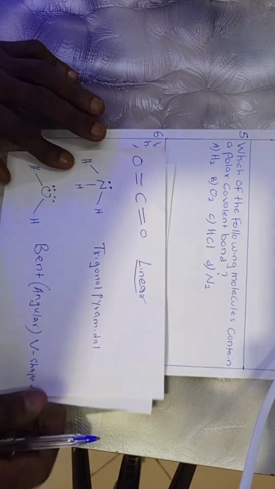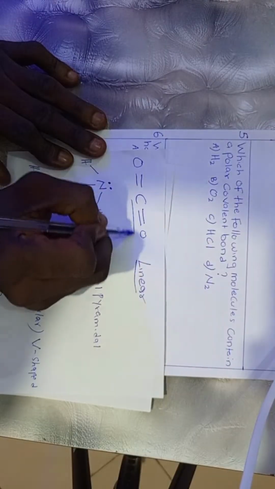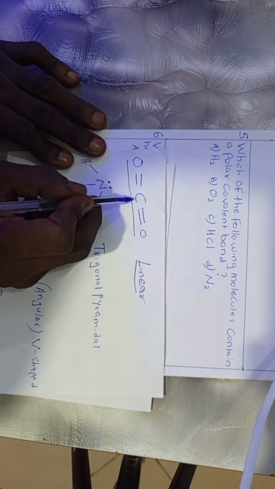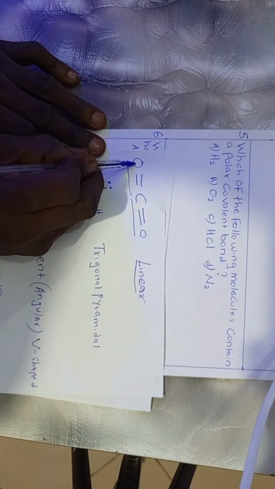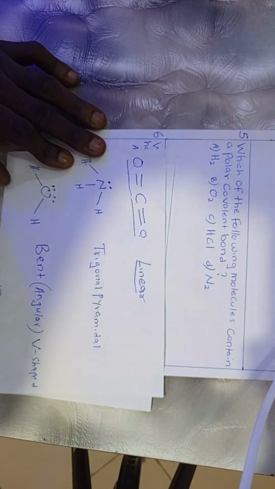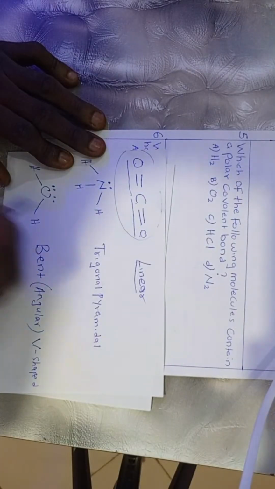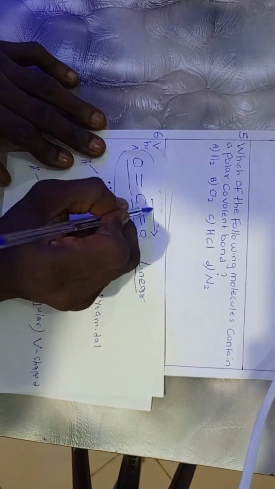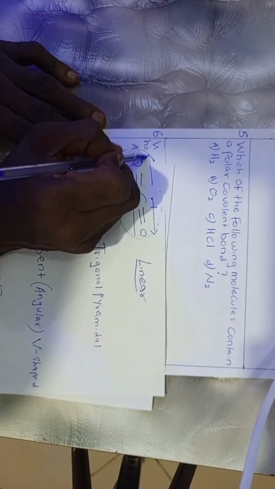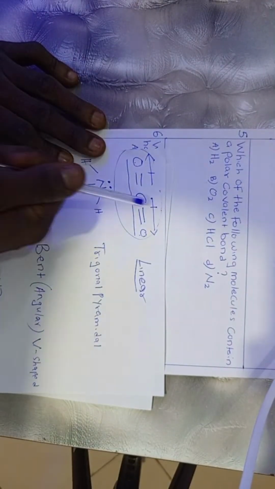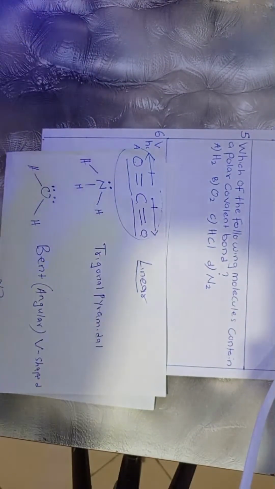Now, look at CO2 here. CO2 contains two polar bonds, namely the C=O bond and the C=O bond. Now, these two bonds are polar, but in the end, the molecule generally is non-polar. Why? Because the dipoles present here both cancel out. So the dipoles go in opposite directions.